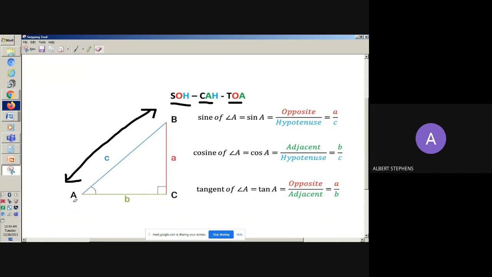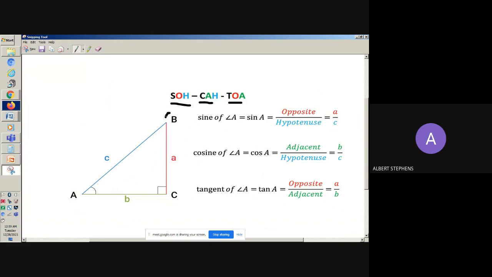It has to be AB. Now take note. Opposite vertex A is lowercase a. So we can call side BC lowercase a.